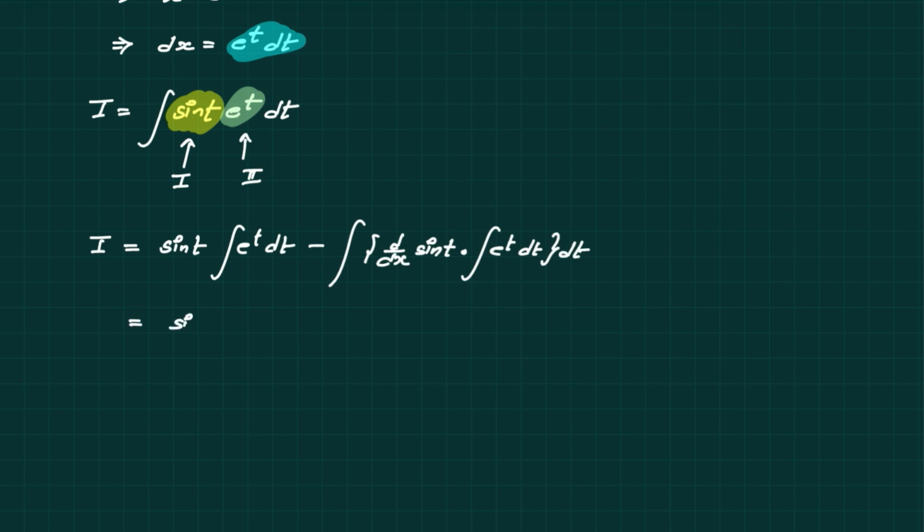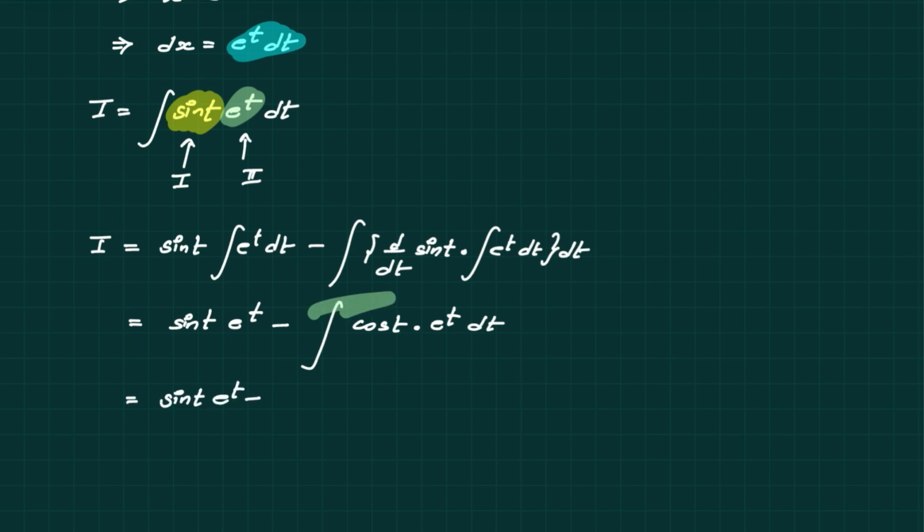That equals sine t times integration of e to the power t, which is e to the power t, minus integration of, sorry, this is actually d/dt, d/dt of sine t is cos t, into integration of e to the power t, which is e to the power t dt.